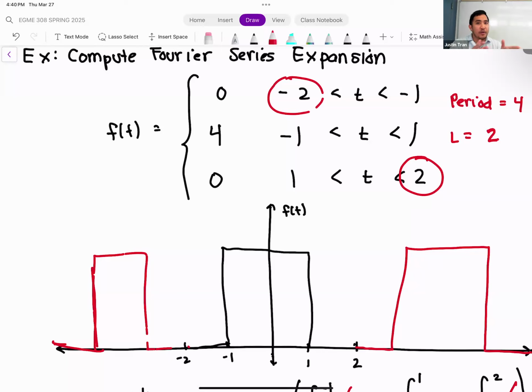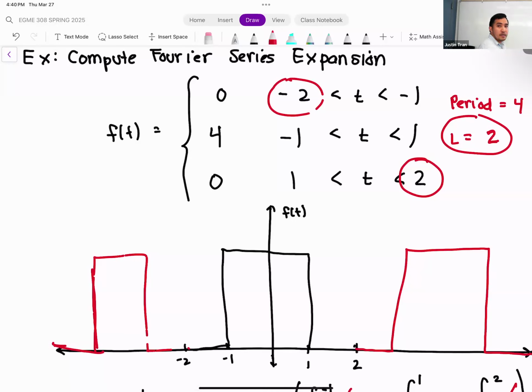And L is always the half period. So L in this case is 2. Definitely want to know it. I think people get confused because they say L is the period, but remember, L is the half period. You take whatever period the function is and you divide it by 2.